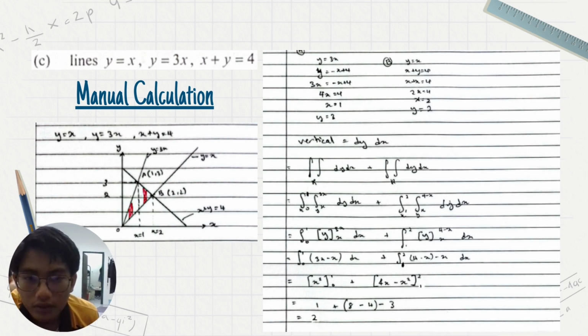To find the area of the region, we need to split it into two areas by using the vertical slice method. You need to find the interval of x and y on both areas, then complete the calculation for both double integrals, and the answer will be 2.